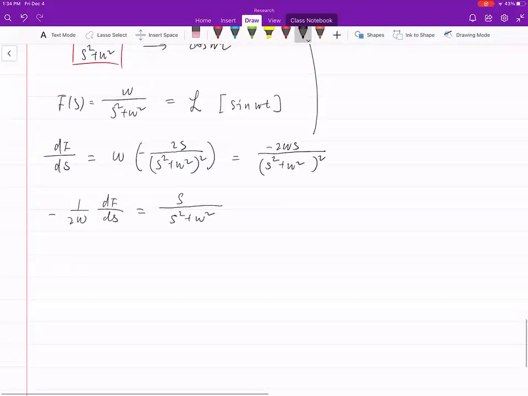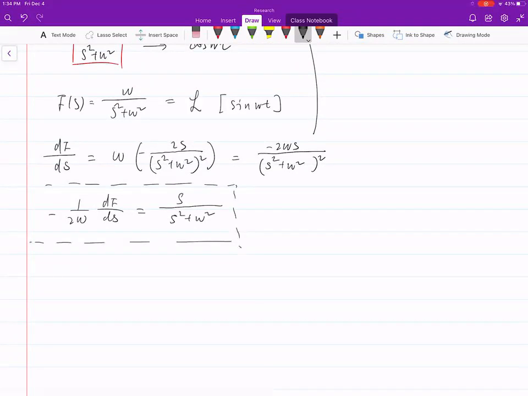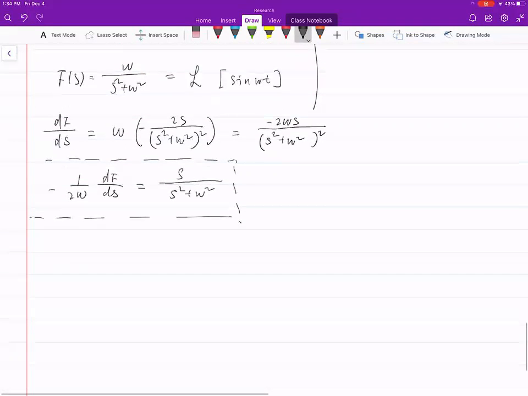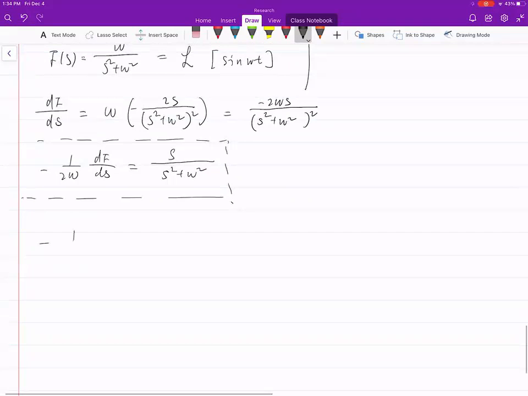That's what we got. If we have the Laplace transform of sine, we take the derivative with respect to s, we got this. All right. Now keep going.